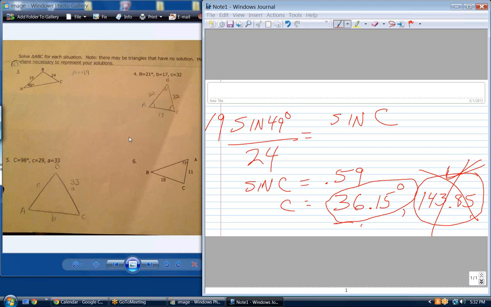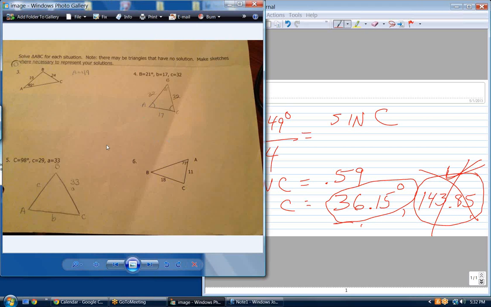It usually requires this side that's 19 to be greater than the side that's 24. In other words, it's got to be angle side side, and this side has to be larger than the other. Then you need to start worrying about whether there's more than one solution or not.